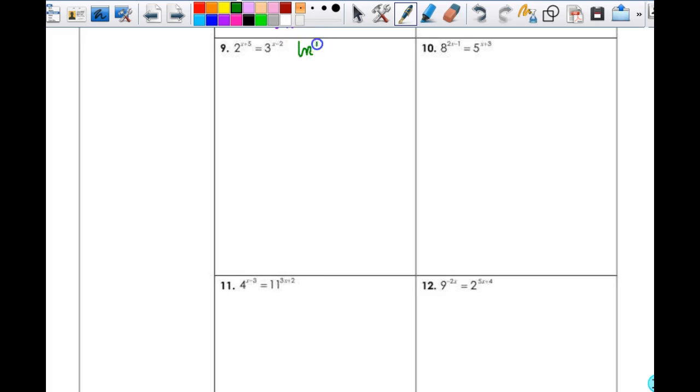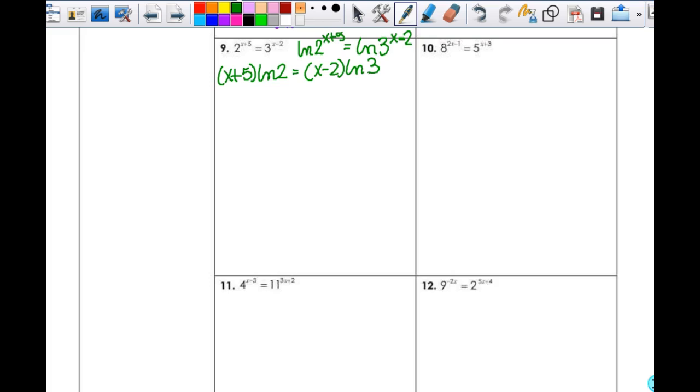So the natural log of 2 to the x plus 5 power equals the natural log of 3 to the x minus 2 power. Then I bring the exponents out front. So this is x plus 5 times the natural log of 2 equals x minus 2 times the natural log of 3.